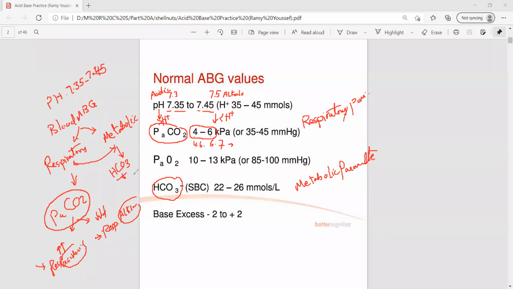If I have more HCO3, I have more alkalosis, but it will be metabolic alkalosis. If the body loses HCO3, so I have less HCO3, I have an acidotic condition caused by a metabolic cause.